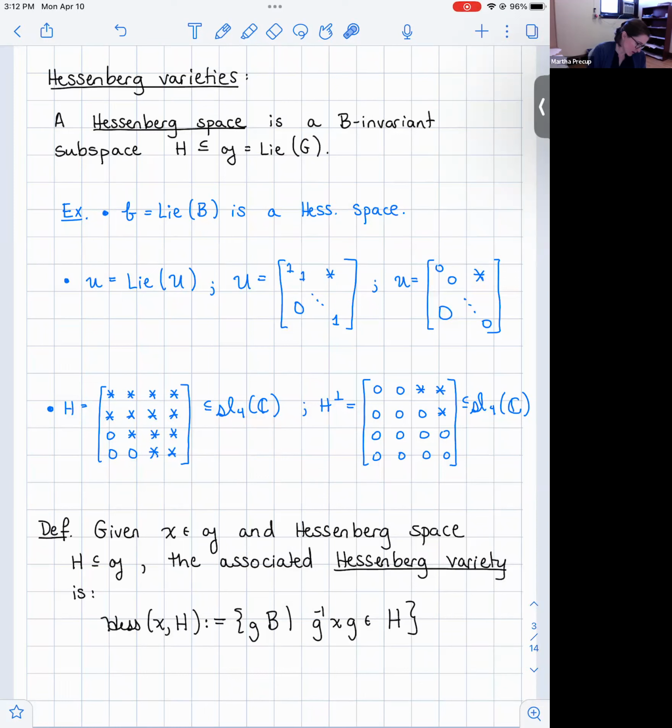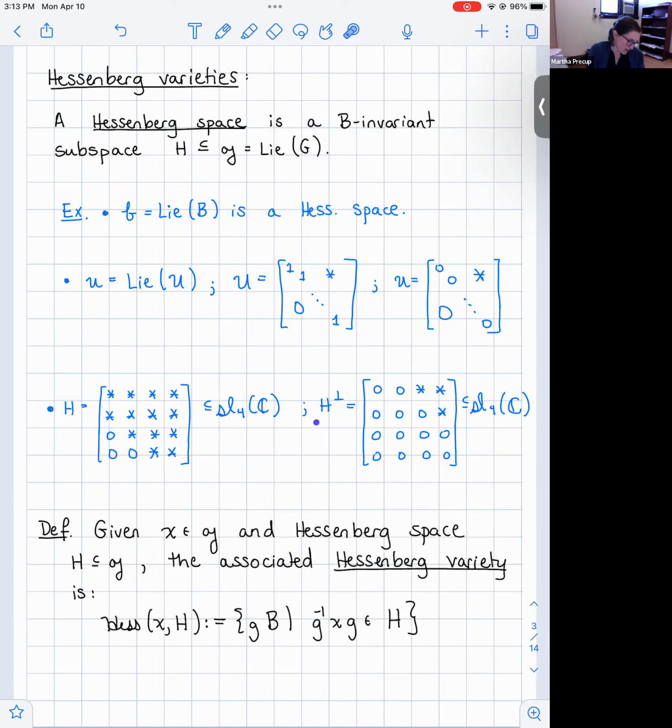And here are some other things that I can do. Here's an example for n equals 4. If I'm living in SL4C, I can take the subspace consisting of all matrices where I'm allowed to put any entry that I want where I see those stars, but all of these entries are forced to be 0. So subspaces where those particular entries are 0.